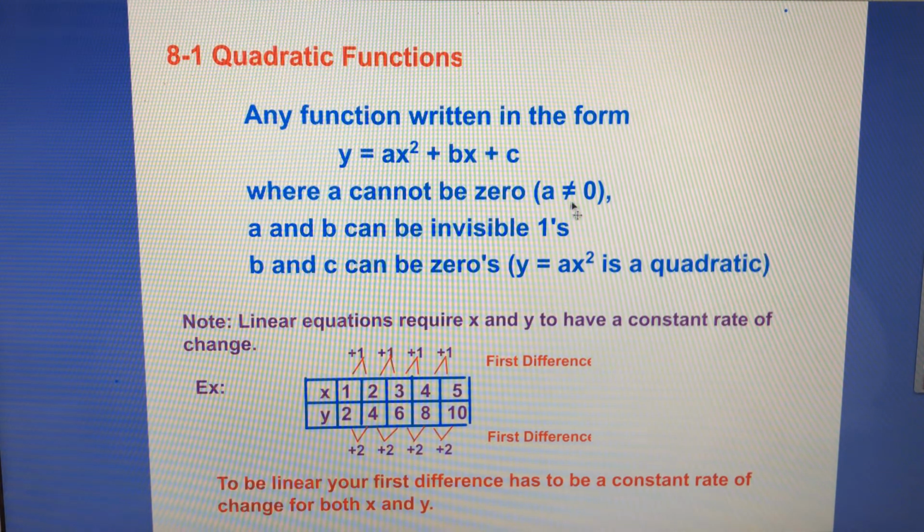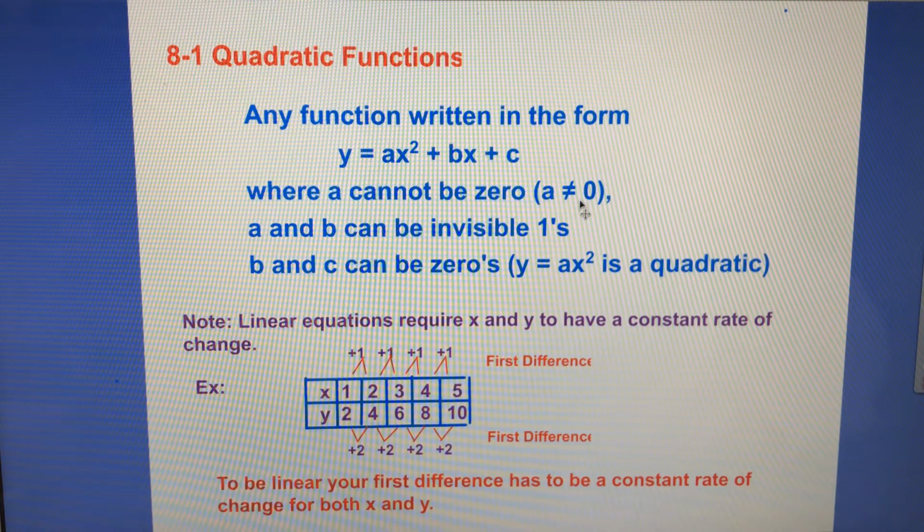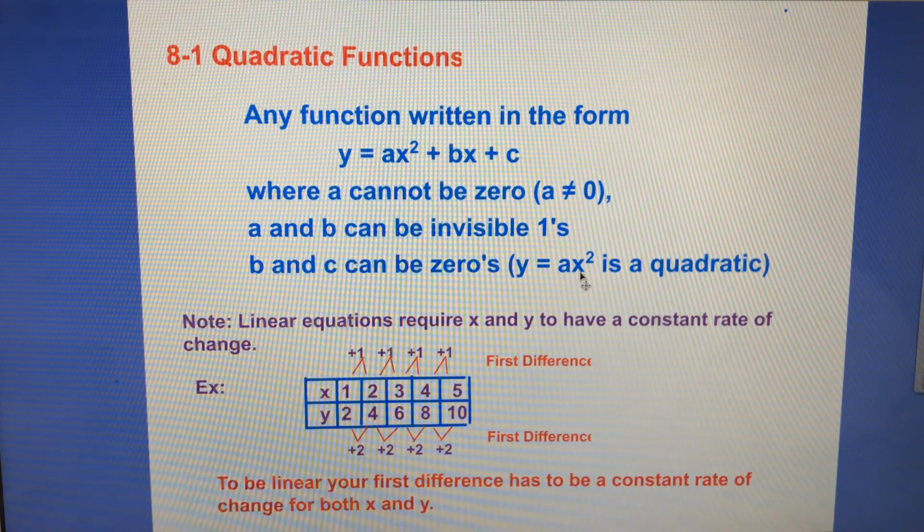So a cannot be a zero, which would mean 0 times anything would make it disappear. A and B can be invisible ones. B and C can be zeros. So if all you had was y equals ax squared, that would be a quadratic. All you must have is the a with an x squared.